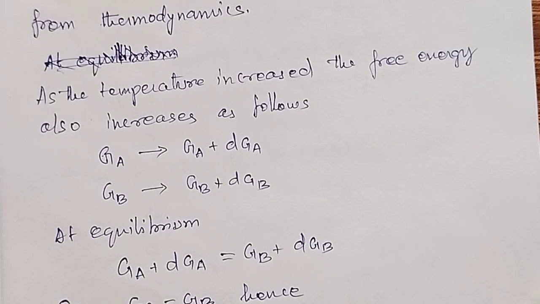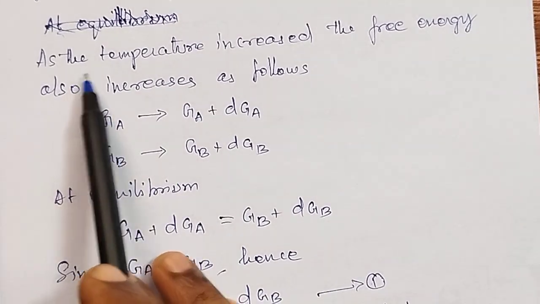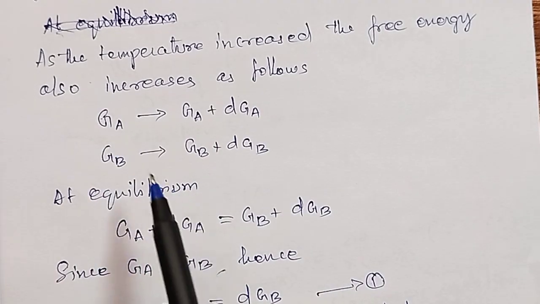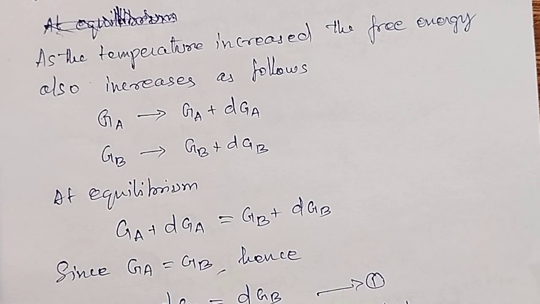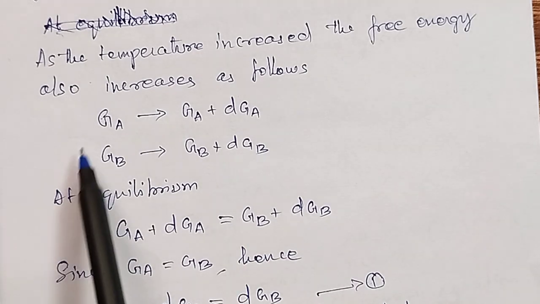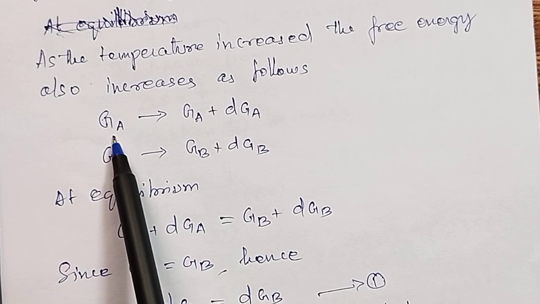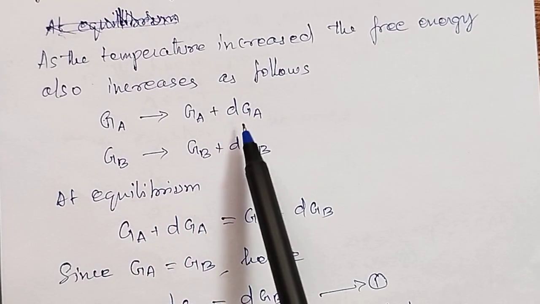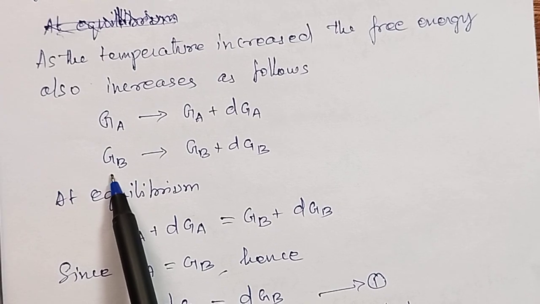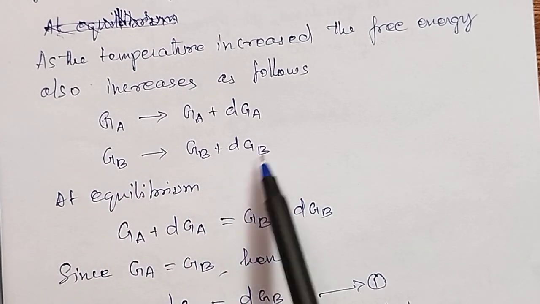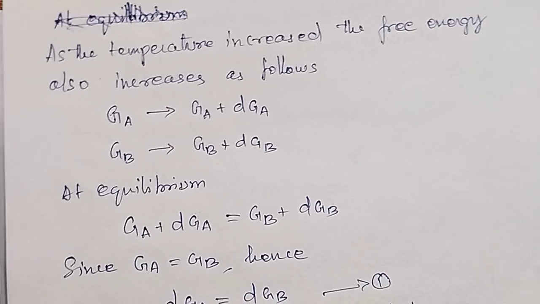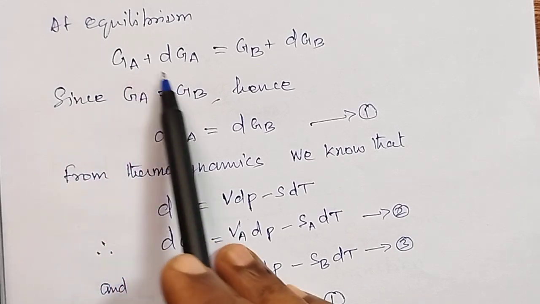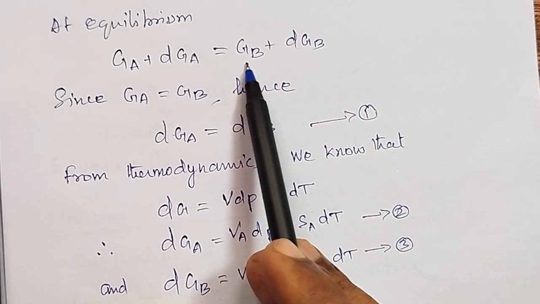As the temperature increases, the free energy also changes as follows. As temperature increases from T to T plus dT, the Gibbs free energy Ga will increase to Ga plus dGa. This is the increase in Gibbs free energy for phase A. Similarly, for phase B, the Gibbs free energy will increase to Gb plus dGb. At equilibrium, Ga plus dGa will be equal to Gb plus dGb.